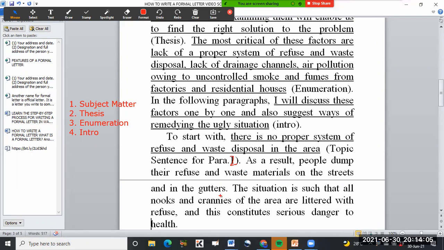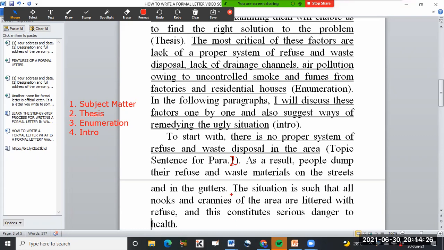You can see this is the outcome and also the evidence. If you come to the area, you will discover that people are dumping their refuse and waste materials on the streets and in the gutters because there is no proper system of refuse and waste disposal in the area.